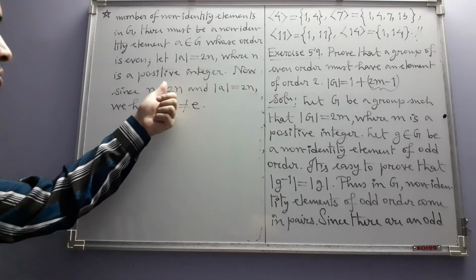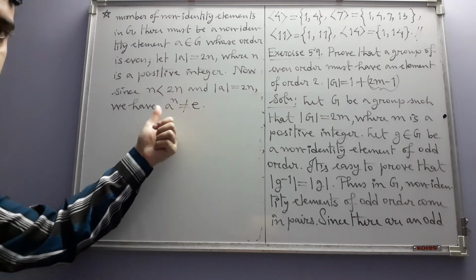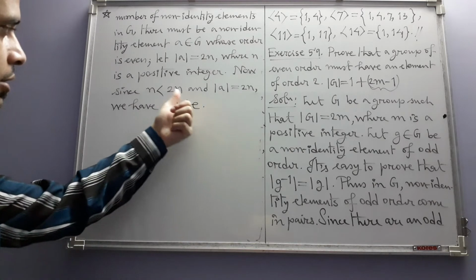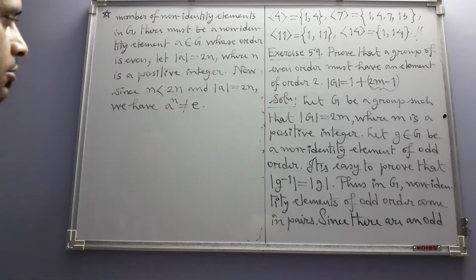So the smaller positive integer n cannot give us identity, that is, the corresponding power cannot be equal to the identity.